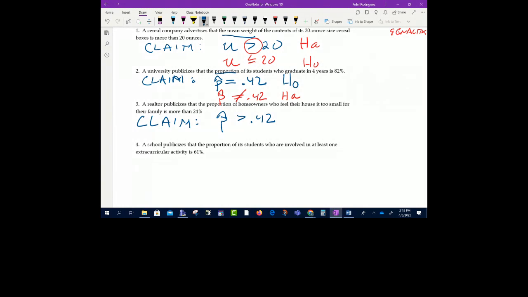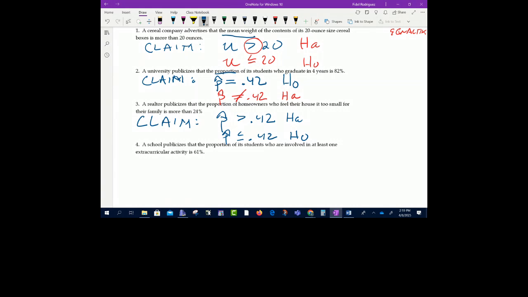My question, my friends, is that my Ho or is that my Ha? That's my Ha. There you go. So then our Ho is going to be p hat less than or equal to 0.42, right? So again, y'all, the difference between the null, which is the Ho, and the alternate, which is the Ha, is that they are opposites of each other, okay?